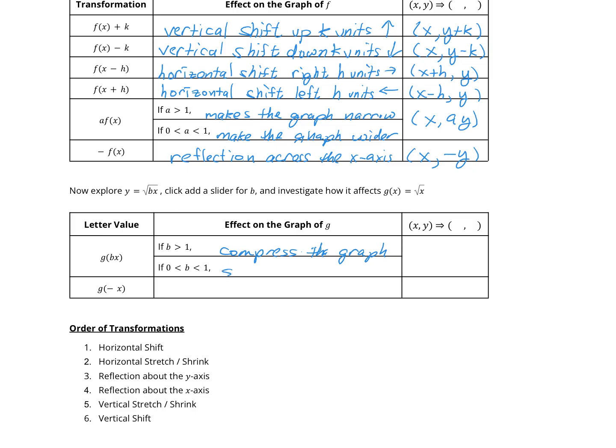And the other one is going to stretch the graph when you multiply by a fraction that is smaller than 1. And these would be us multiplying the x-coordinate before we evaluate the function. And finally, when you multiply the input variable by a negative, it's going to be a reflection across the y-axis.